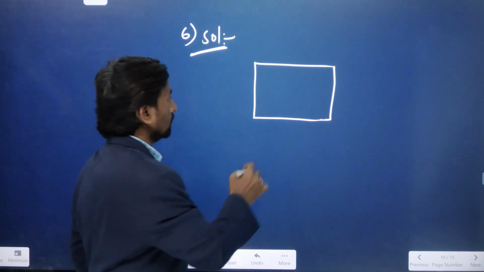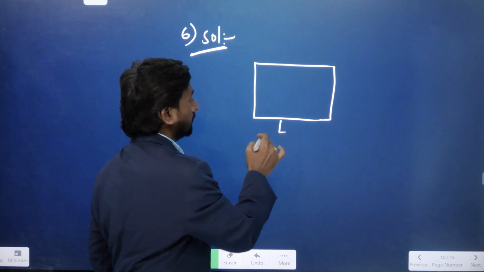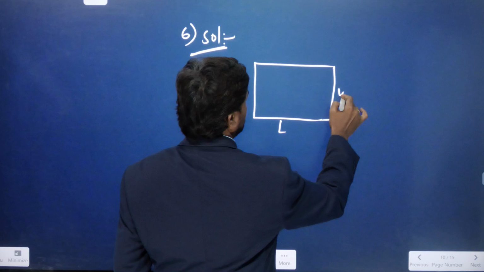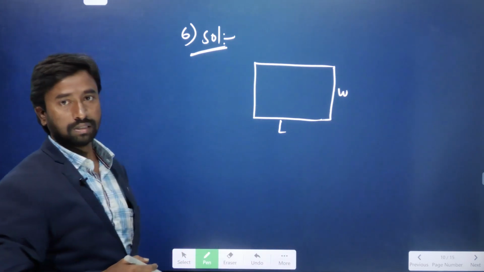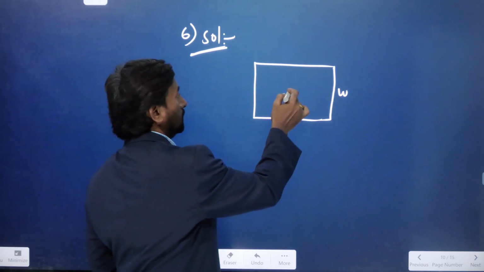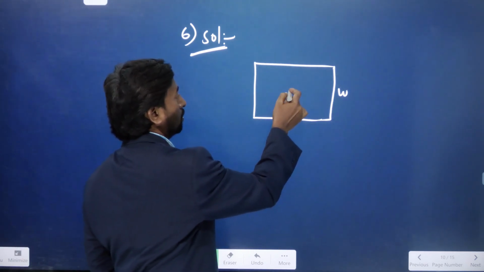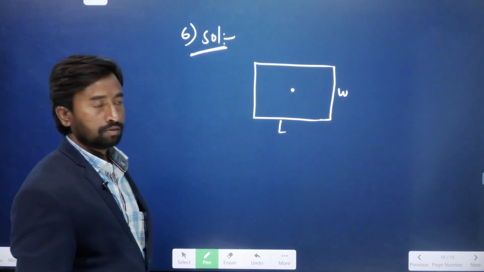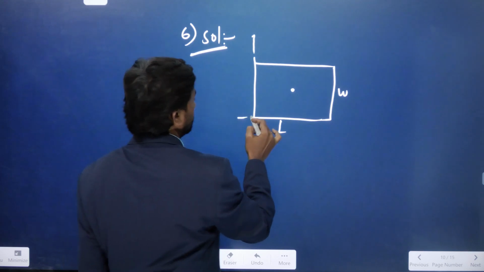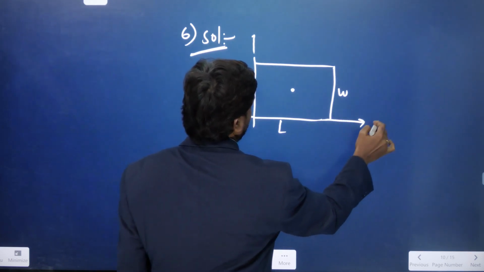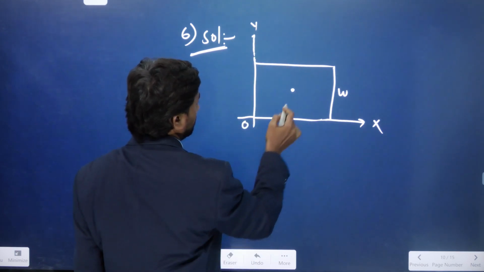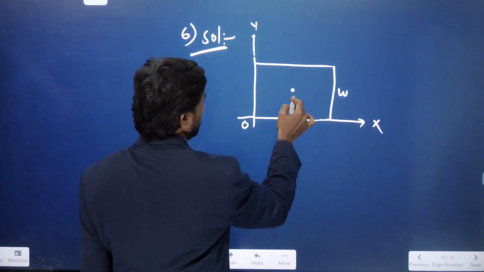The length of this rectangle is capital L and the width is W. We know that it is a regular shaped body, and for a regular shaped body, the center of mass coincides with the geometric center. The geometric center will be here. Now, if this corner is at the origin, then where will the center of mass be?